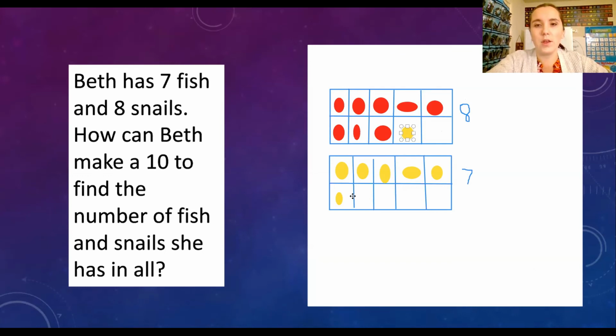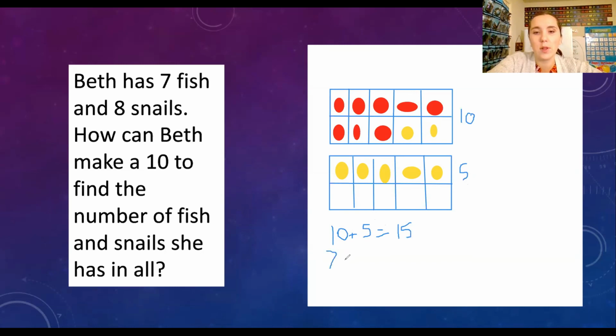So 1, 2. Instead of 8 plus 7, now I have 10 plus 5. And we know that 10 plus 5 equals 15. Which means that 7 plus 8 also equals 15 because our number of counters didn't change.